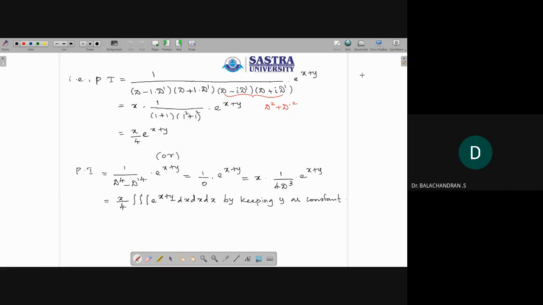Because you know that 1, minus 1, i and minus i are the roots, m minus 1 is a factor, m plus 1 is a factor, m minus i is a factor, and m plus i is a factor.